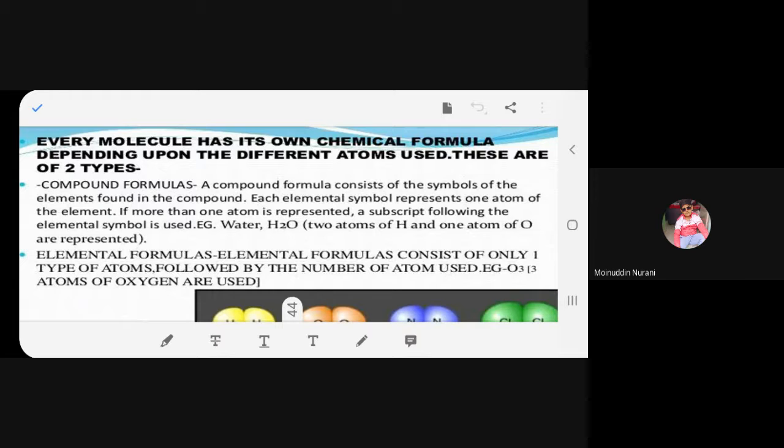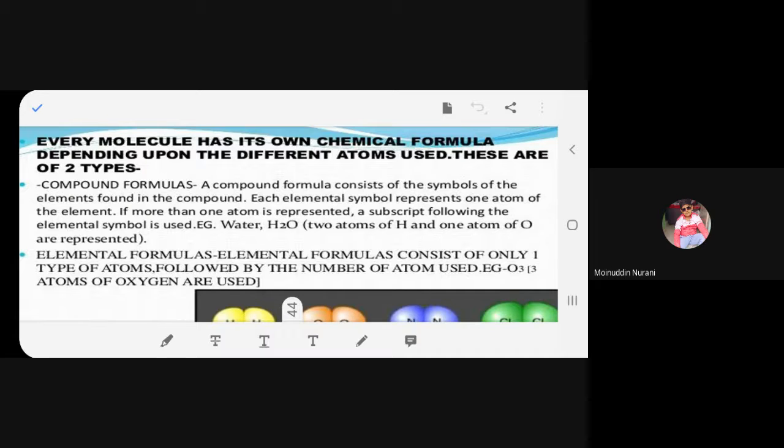Every molecule has its own chemical formula depending upon the different atoms used. These are of two types. Compound formulas: a compound formula consists of the symbol of the elements found in the compound. Each elemental symbol represents one atom of the element. If more than one atom is represented, a subscript following the elemental symbol is used, e.g. water, H2O.